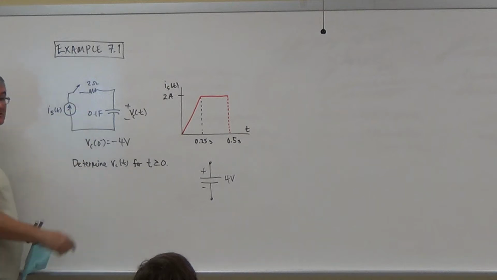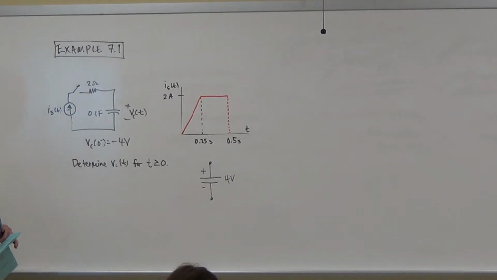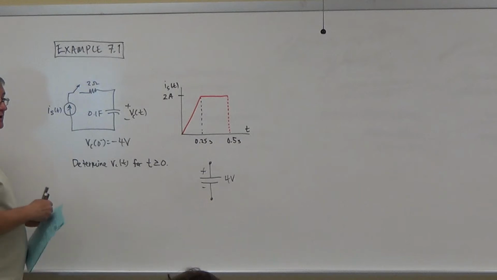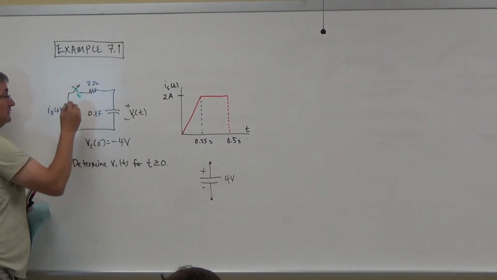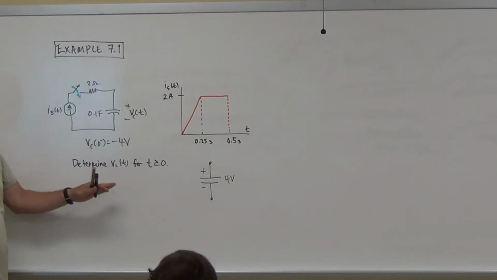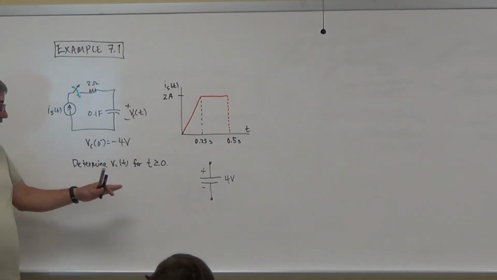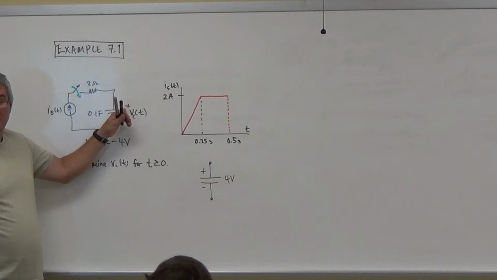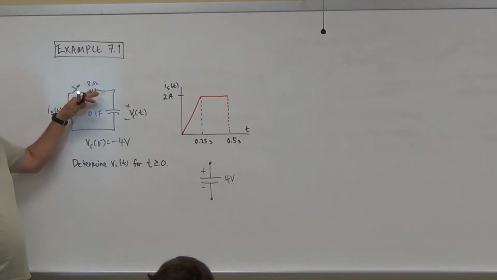But because this is open, there can't be any current flow. Or if there's any current flow, it happens very, very fast until it stops. And then I close it. So what is this current doing to the capacitor? Well, if it's negatively charged at this end, I have the flow of positive charge.